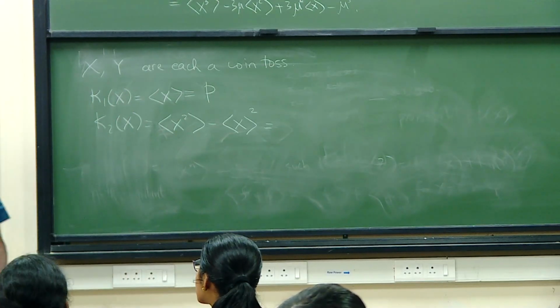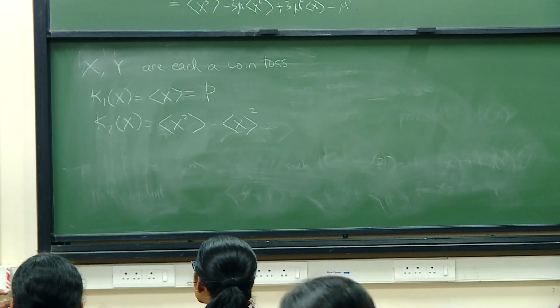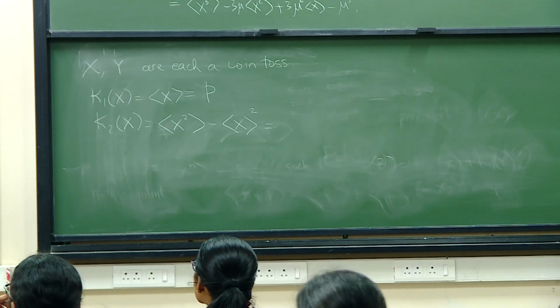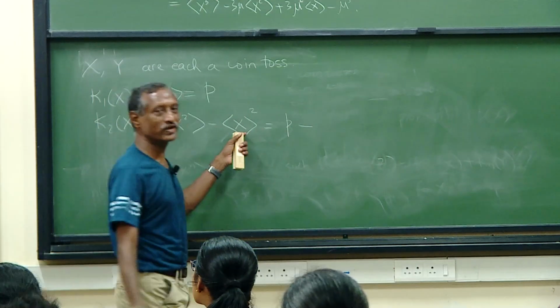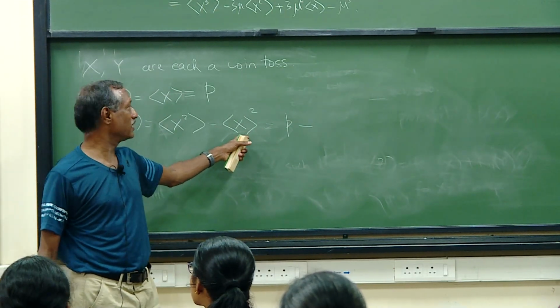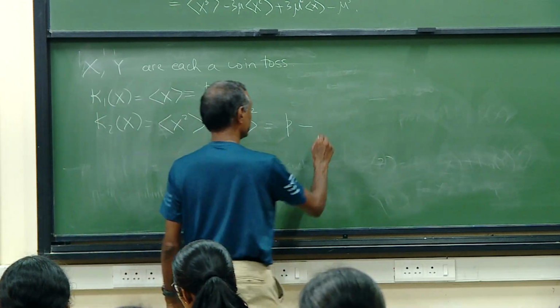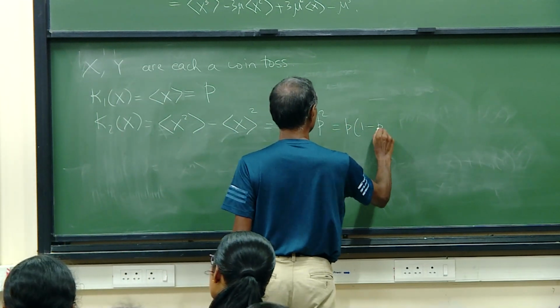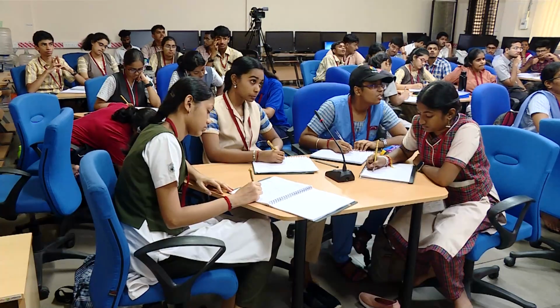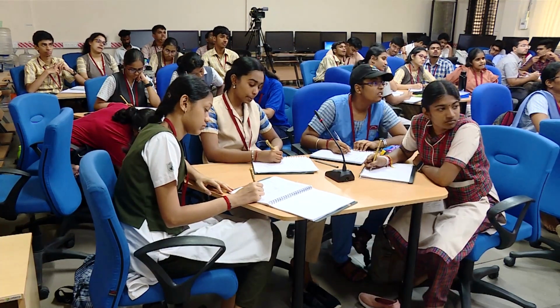What was the expectation value of x square? Anybody? P. Expectation value of x is also P, but that is squared. Okay, kappa 3 of x, let's do that.